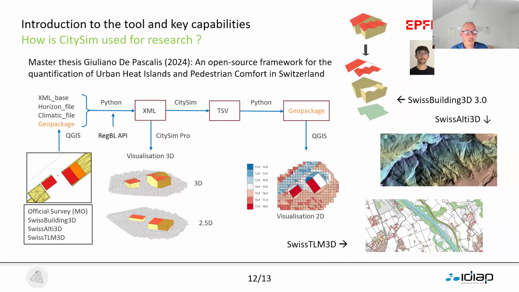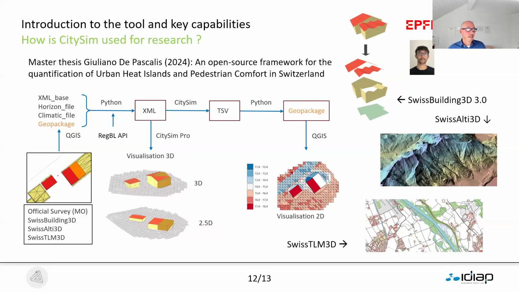And last example, a master student that is actually suffering a lot. Of course, working with me is always a big suffering. He's working on an open source framework, not only to work with buildings and district heating networks, but to also add the grounds to get an idea of urban heat islands and the pedestrian comfort that you can get in Switzerland.